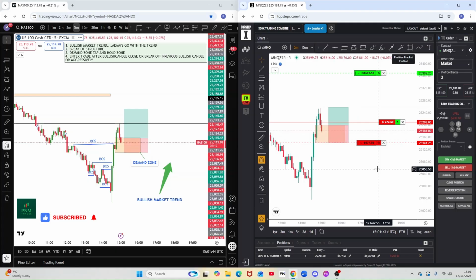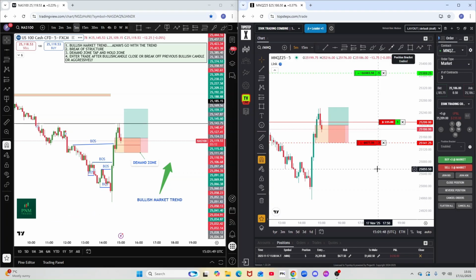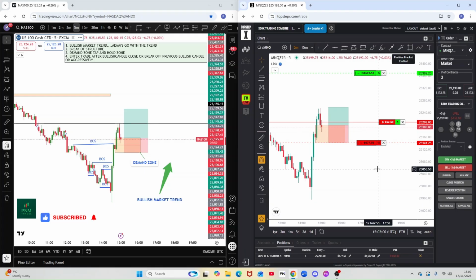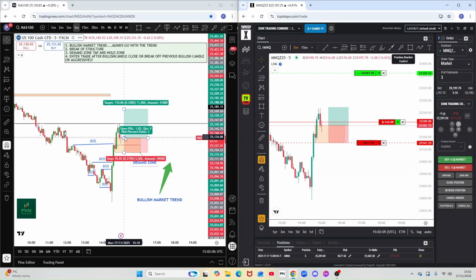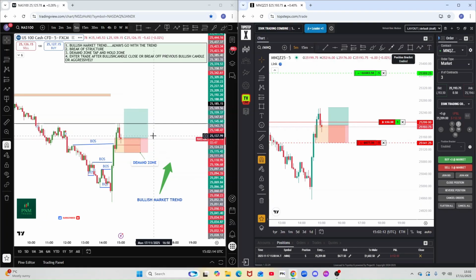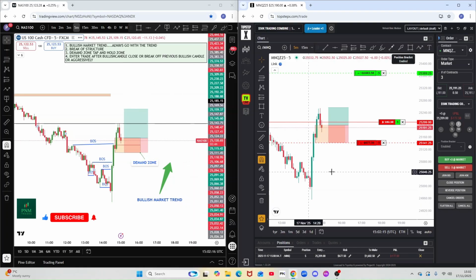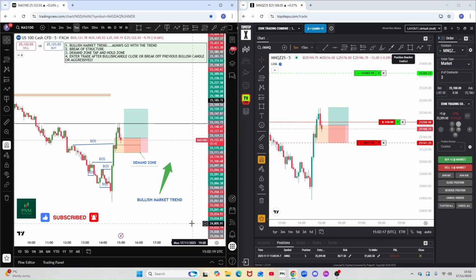Let's see. So that was an aggressive entry. Was it? No, because we waited for this candle to close and then we saw a bullish candle starting to form out of the zone. So I would say it was a conservative entry. So yeah, now we wait.